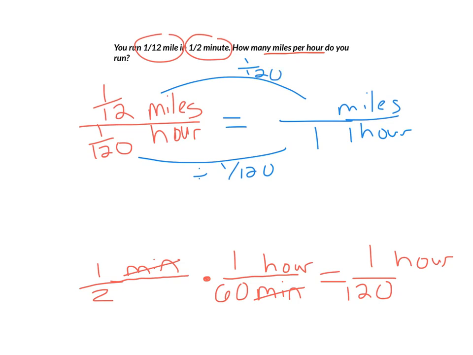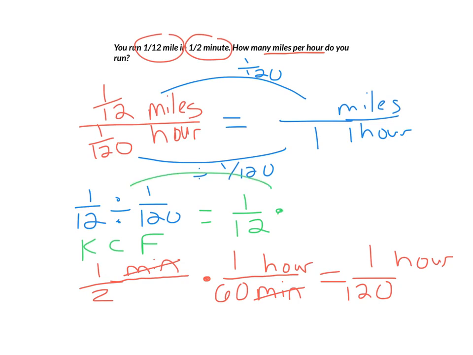So we have 1/12 divided by 1/120th, and we need to keep, change, flip because it is division. So 1/12 stays, division changes to multiplication, and we flip over 120 and 1. So 1 times 120 is 120, 12 times 1 is 12.